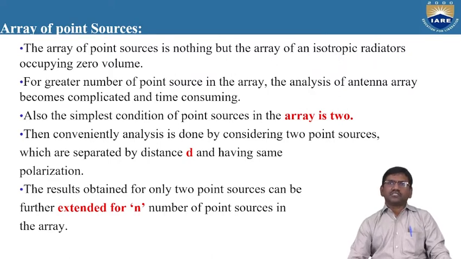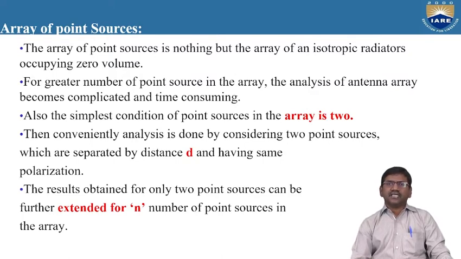The array of point sources is nothing but the array of isotropic radiators occupying zero volume. For a greater number of point sources in the array, the mathematical analysis of the antenna array becomes complicated and time consuming.